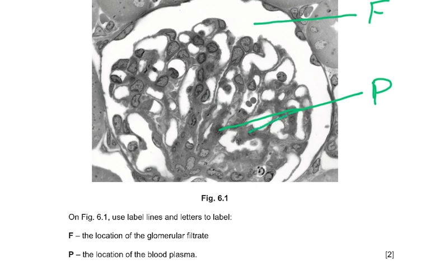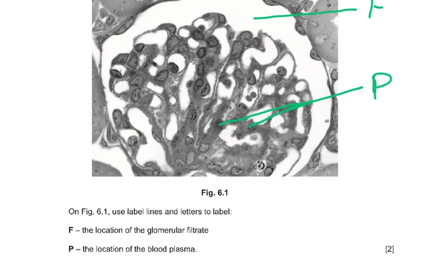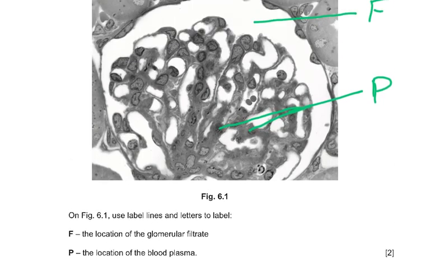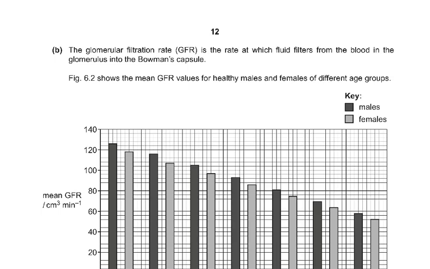Even here is fine. So anything in this area, the glomerular capillaries, would be fine. And the location of the blood plasma, because you see that would be inside the glomerular capillaries. And then we go on to the next part of the question.